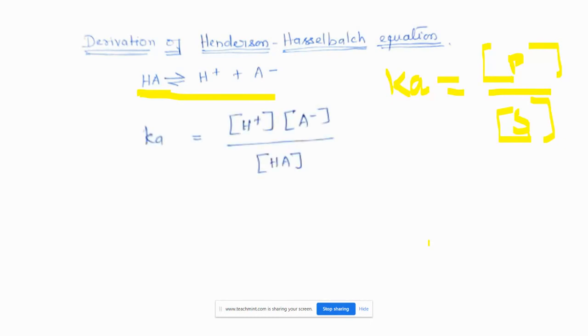Ka is equal to the concentration of H plus into the concentration of A minus divided by the concentration of HA.